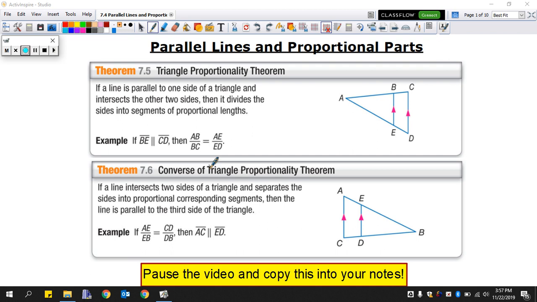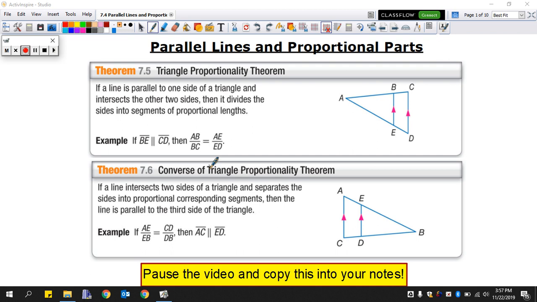Okay, so the first theorem is the triangle proportionality theorem, which says that if a line is parallel to one side of a triangle and intersects the other two sides, then it divides the side into segments of proportional length.